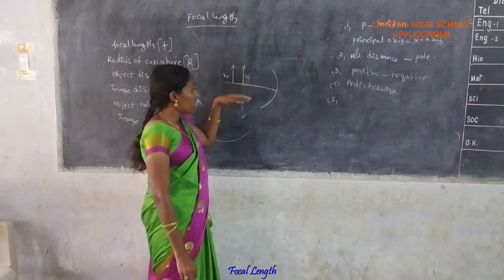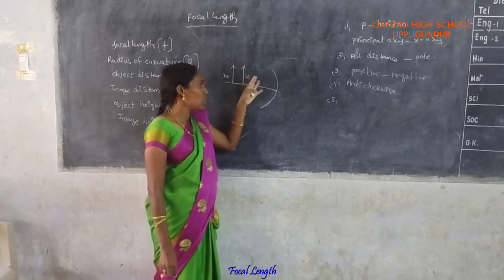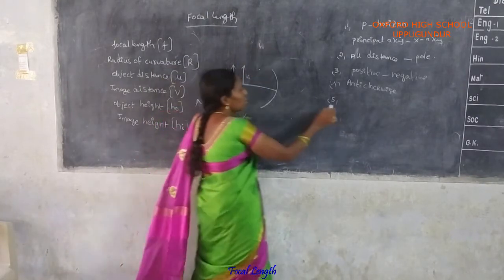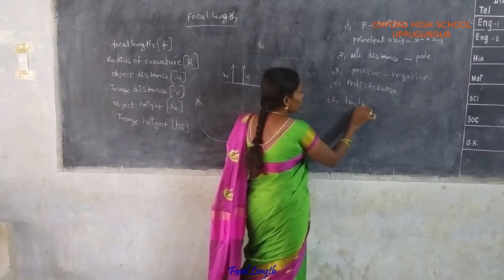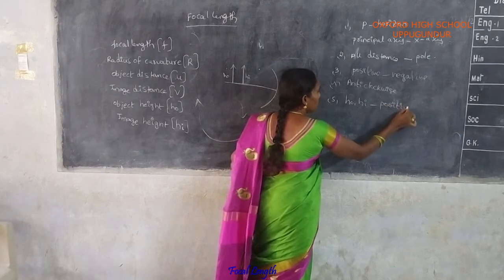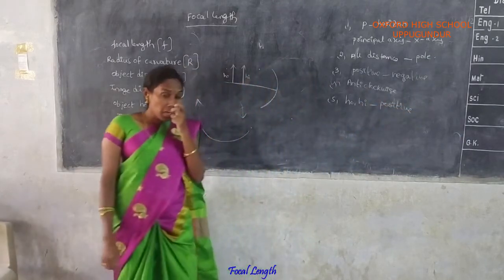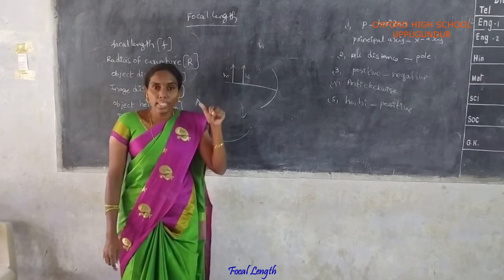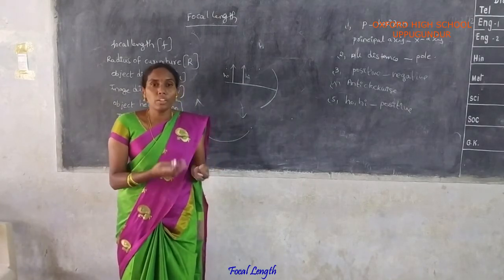Both are above the principal axis, so those two values should be taken as positive. Object height and image height should be taken as positive above the principal axis.